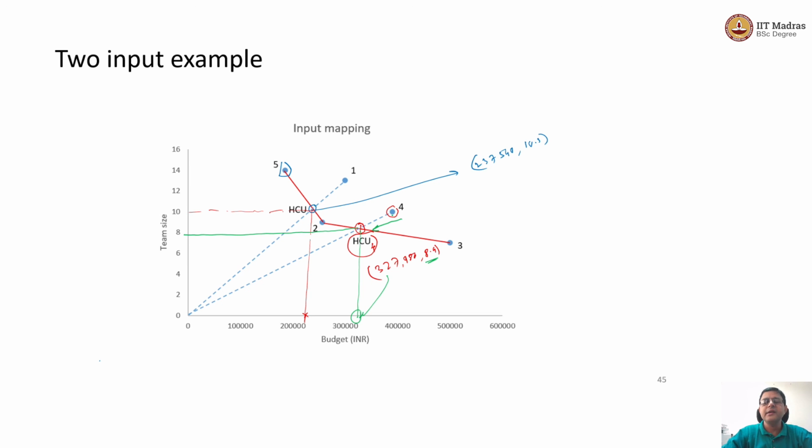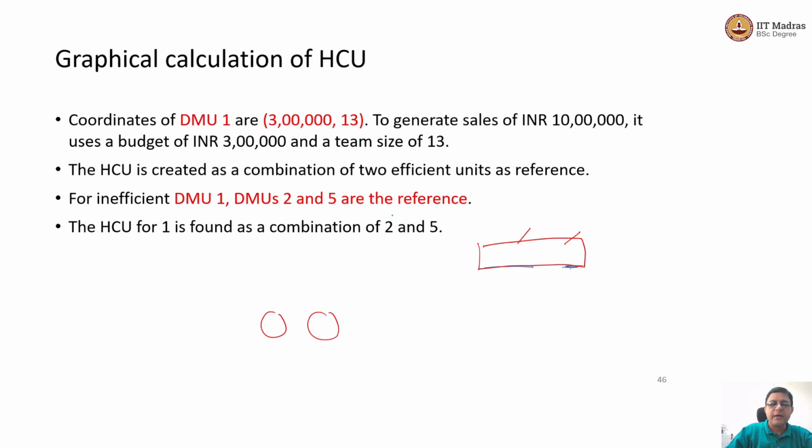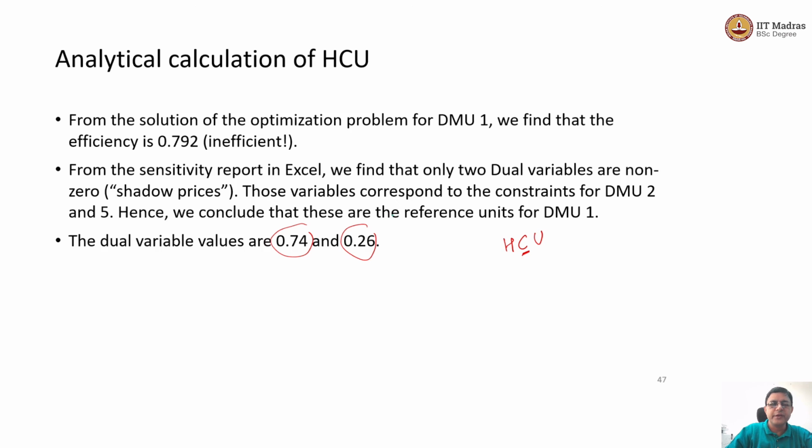What is the key? Key here is to use the dual variable values that can be obtained by solving the optimization problem. Okay, we saw that geometry can help, but geometry can help only in simple examples like the one that is presented here. More generically, we are going to use the dual variable values to find the coordinates of the hypothetical composite unit. Once again, to highlight why was that called hypothetical composite unit?